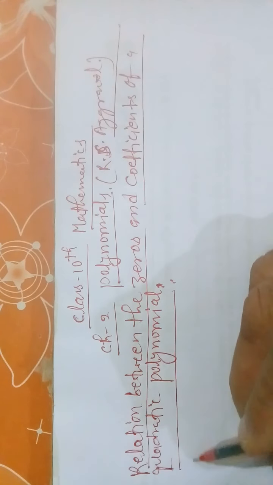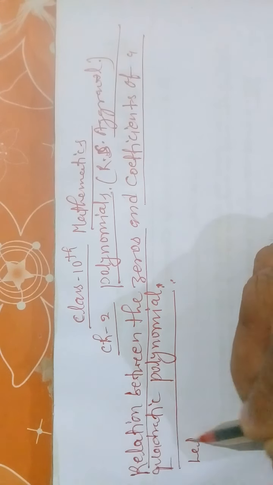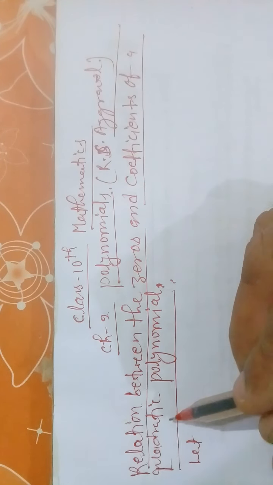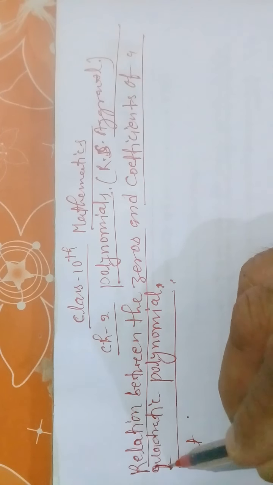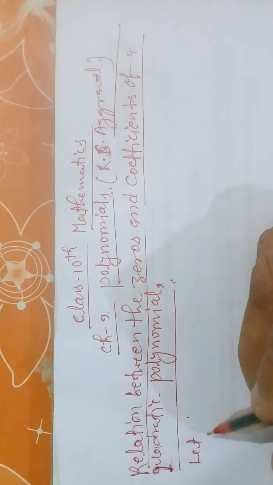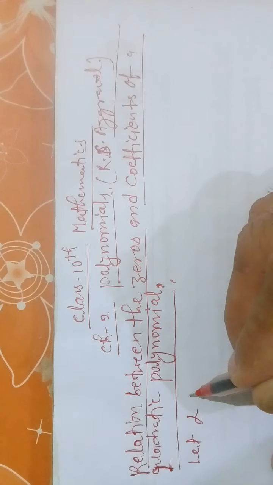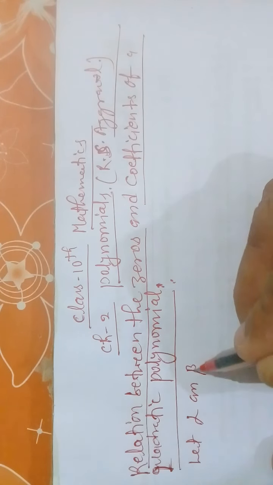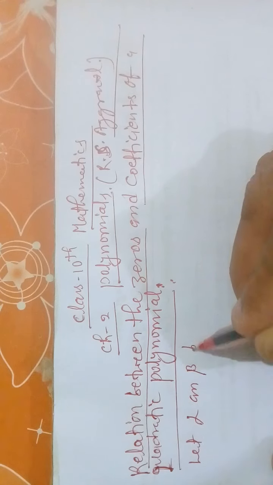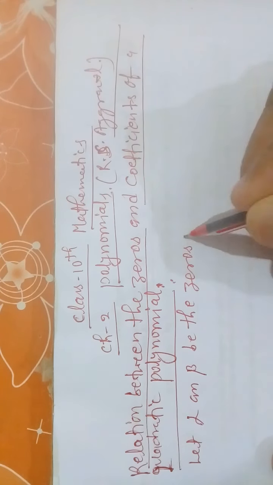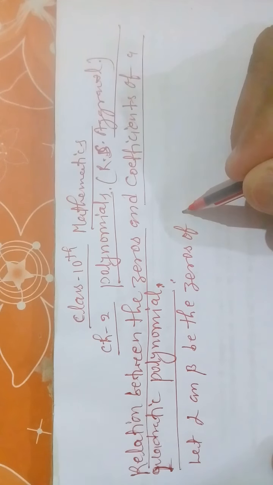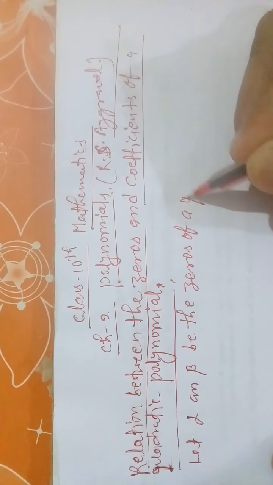For this relation, let it be a quadratic polynomial. It means it has two roots, it means zeros. Let alpha and beta be the zeros of a quadratic polynomial.